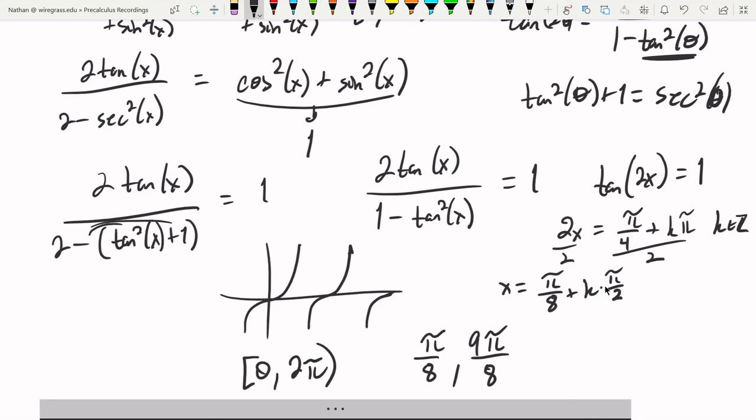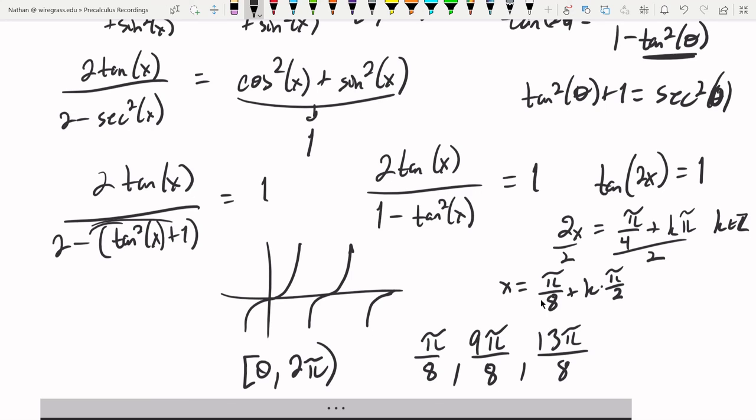That's the same thing as 12 pi over 8. Plus pi over 8, it's going to be 13 pi over 8. I think that's going to be the last one, because we have to try k equal to 4. It's going to be 4 pi over 2, or the same thing as 2 pi. 2 pi is the same thing as 16 pi over 8 plus pi over 8. That's already above 2 pi.